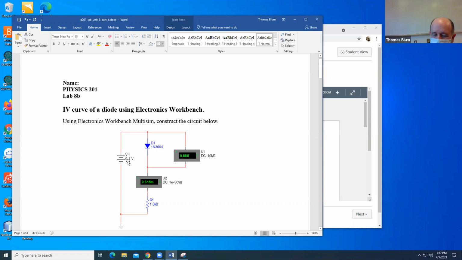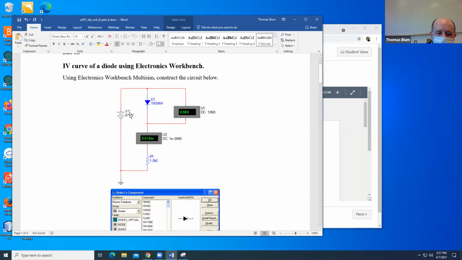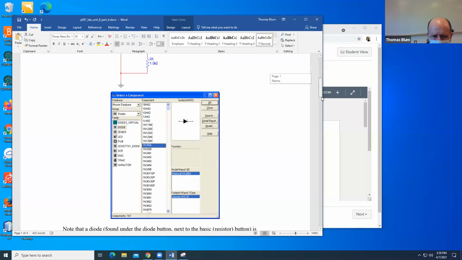I'm only putting in 1/10 of a volt and somehow I got 0.6 of a volt. Don't try to reproduce these numbers, you're not going to. But when you have low voltages, what you're going to see in terms of the current is probably a U, which should be a mu, which stands for micro. But I ask for milliamp.